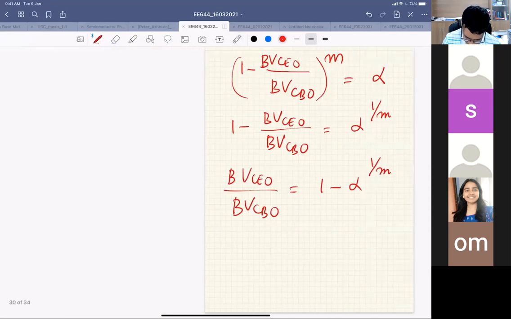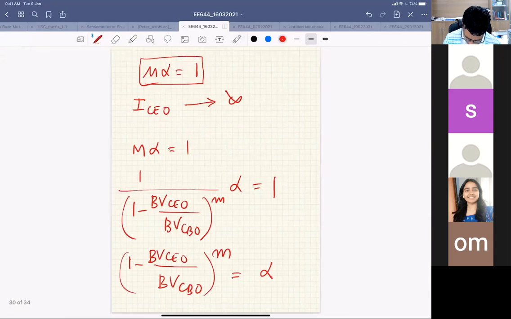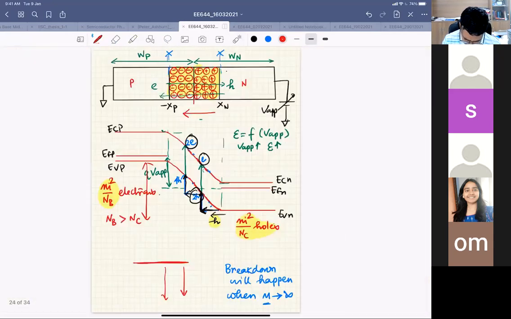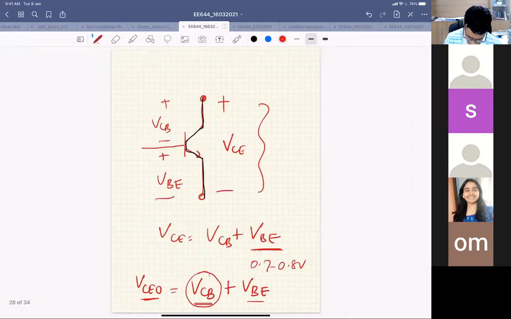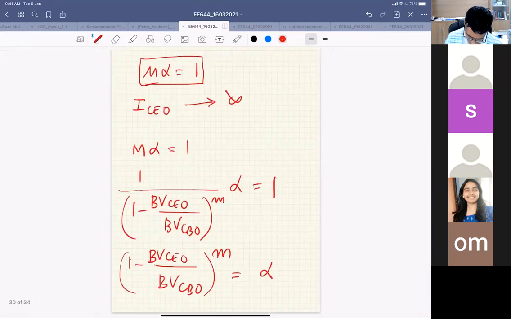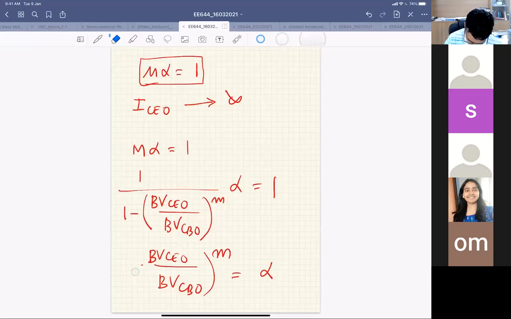No, I have done some mistakes on that. Sorry. Oh, yeah, that's the mistake, right? So this is not whole square, right? 1 minus, right?